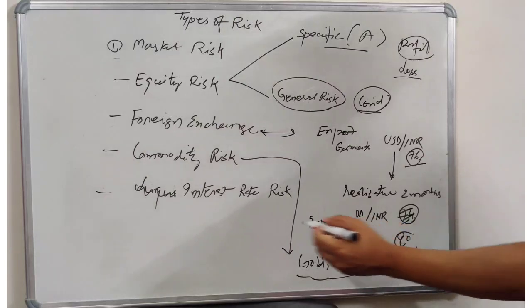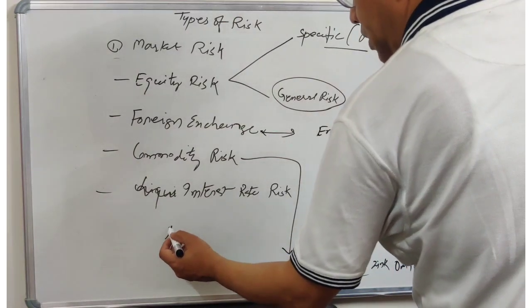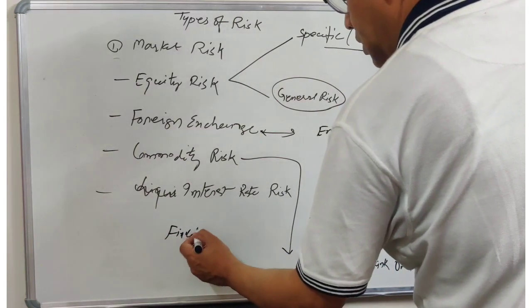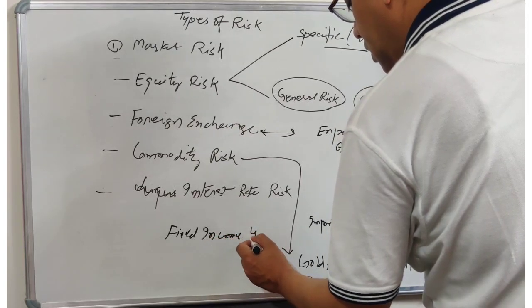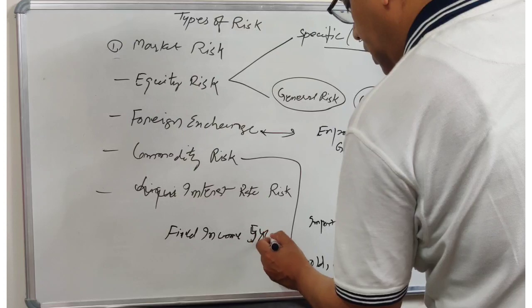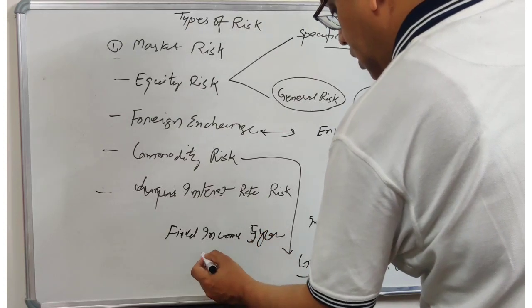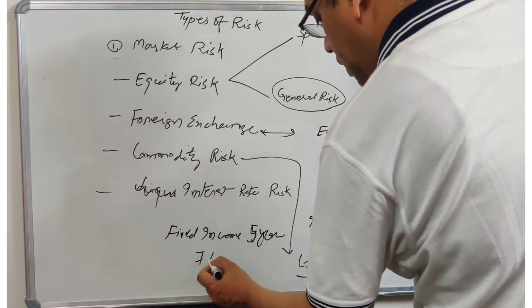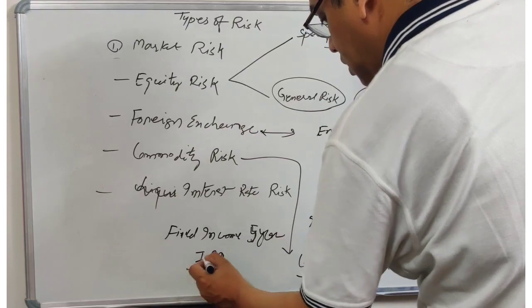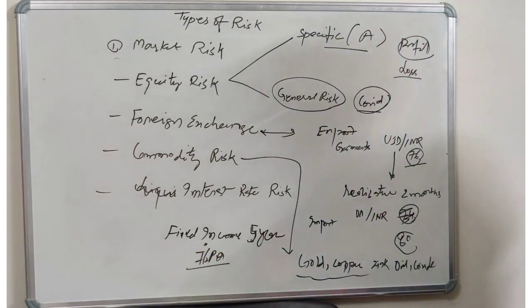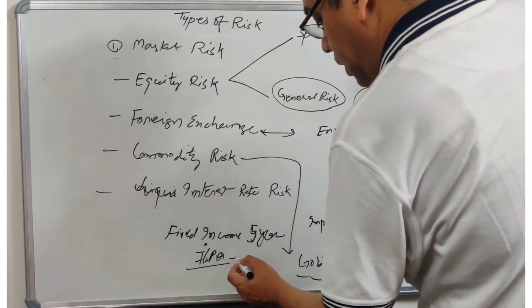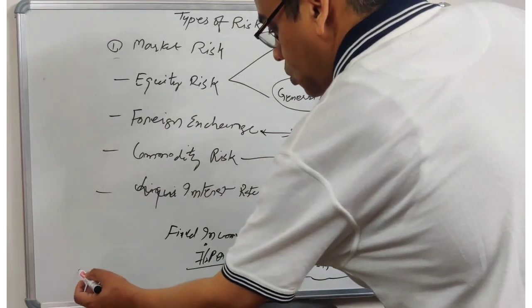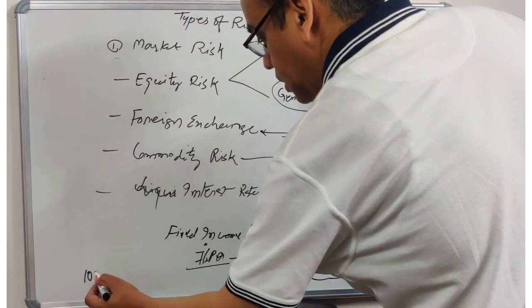Suppose you have a fixed income asset for 5 years, and you are getting, let's say, 7% per annum on this investment, and suddenly the interest rate goes to maybe 10%.